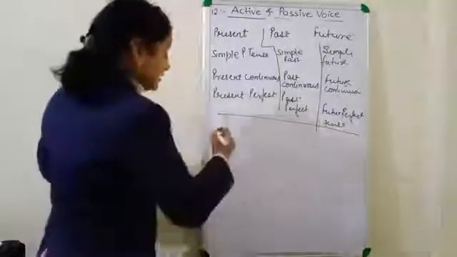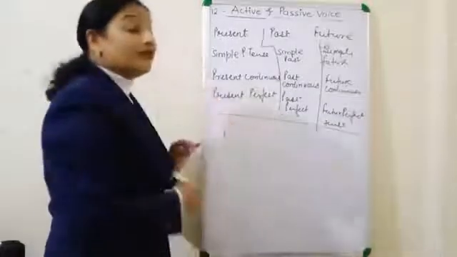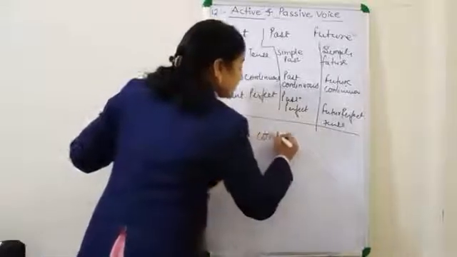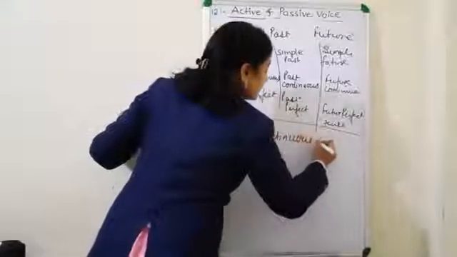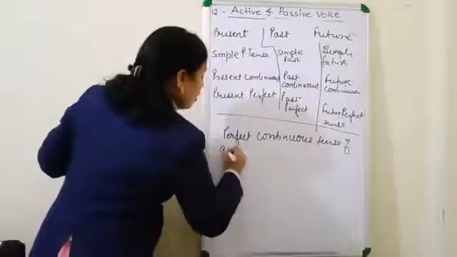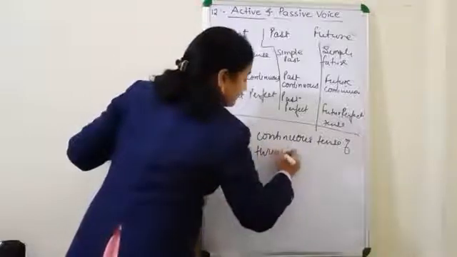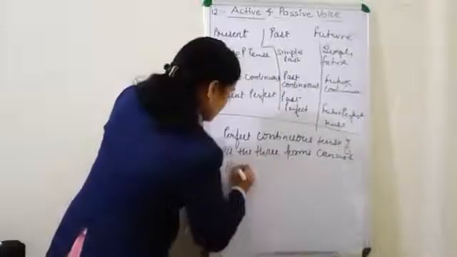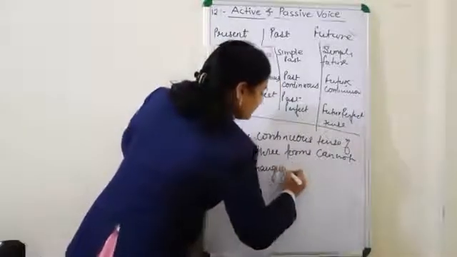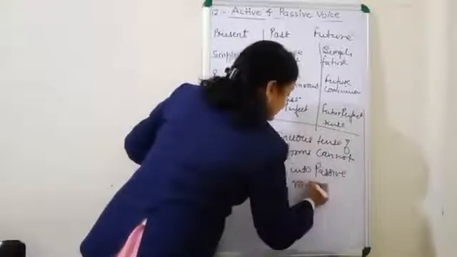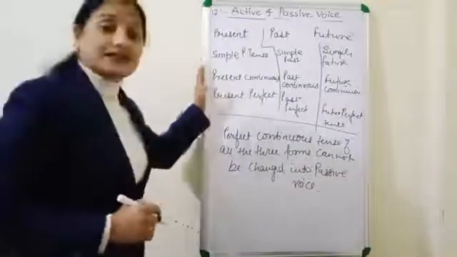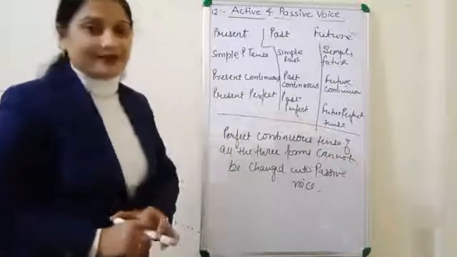We cannot change the perfect continuous tense of all the 3 forms into passive voice. Okay, so this is the rule for changing the active voice into passive voice.